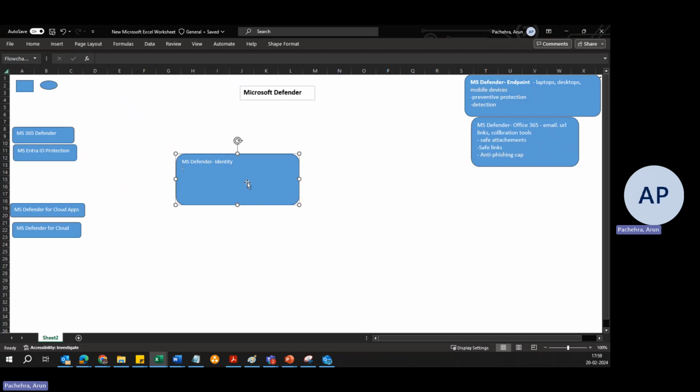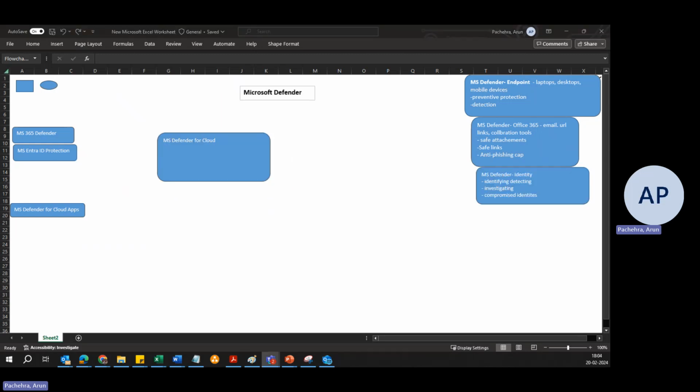So it will also help us identifying, detecting, investigating compromised identities, right? And it uses your on-prem AD signals to provide these protections as well. All right, so this is our Microsoft Defender for Identity.